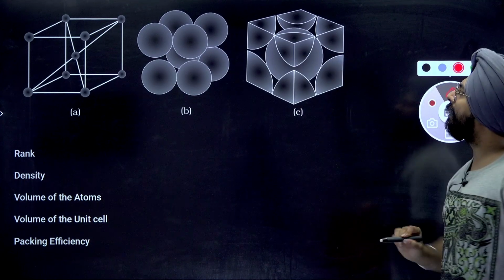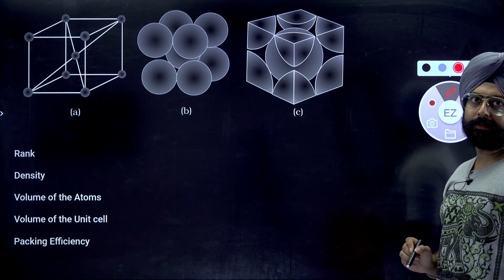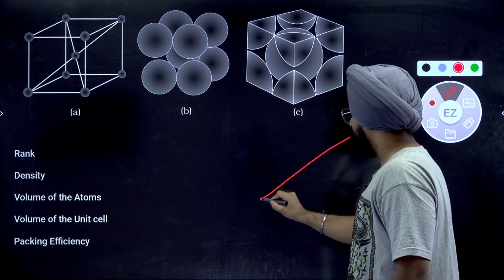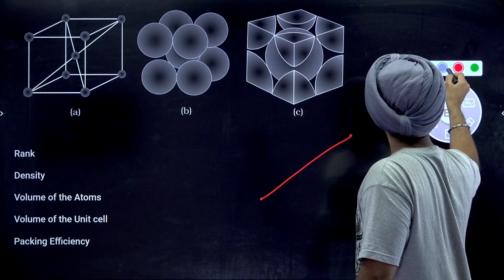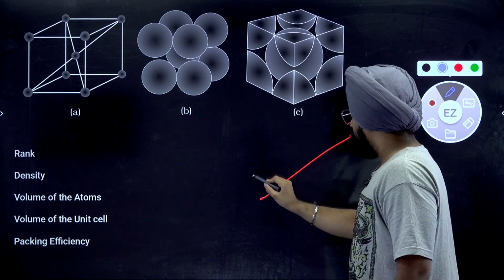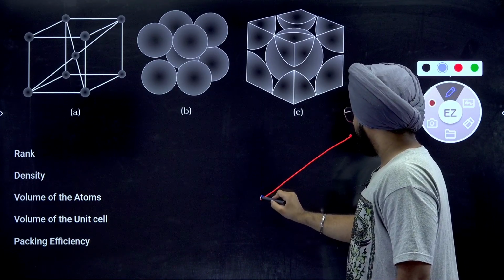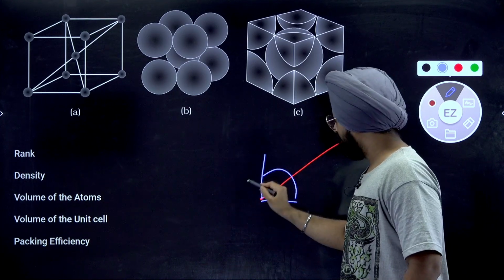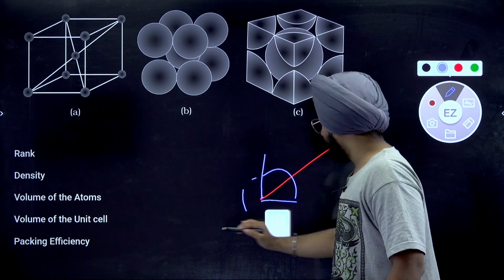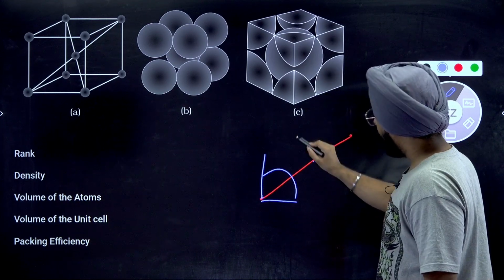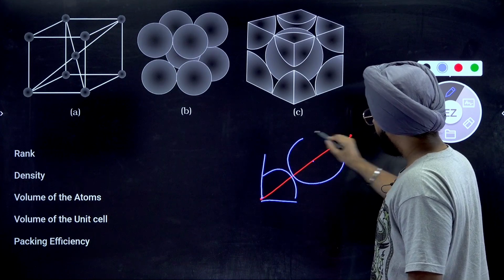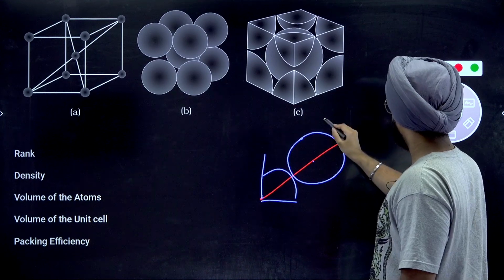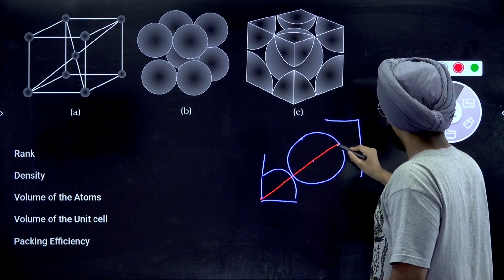How many radii are there on the body diagonal? So this is essentially your body diagonal, imagine. On the body diagonal I have this part of one atom, rest of it is outside. We don't need to worry about it. Then we have one entire atom in the center, and then another one over here. Let me extend the body diagonal a little just for ease of drawing.